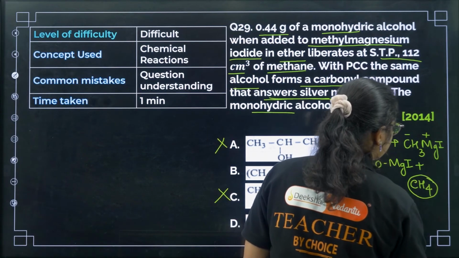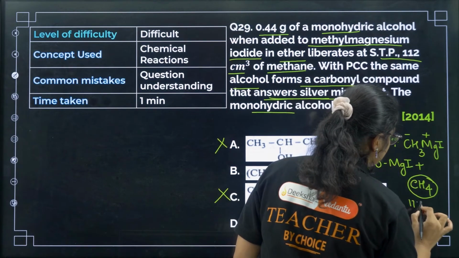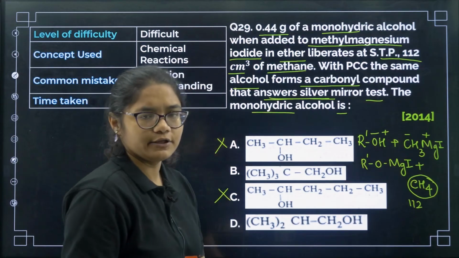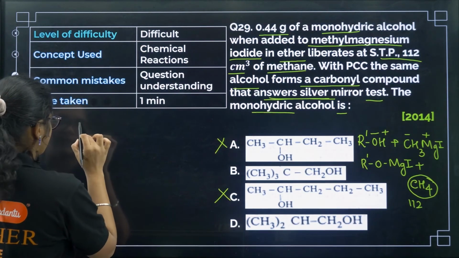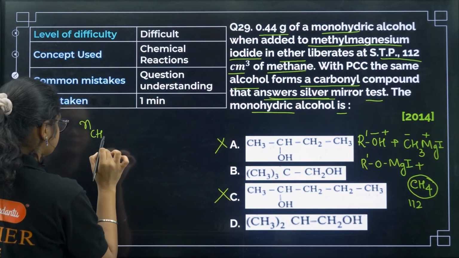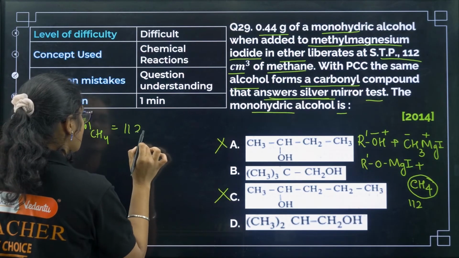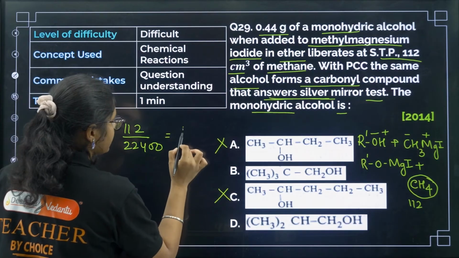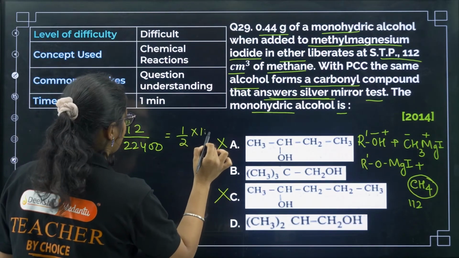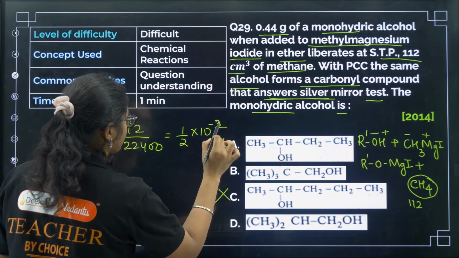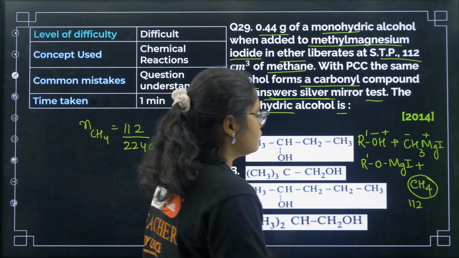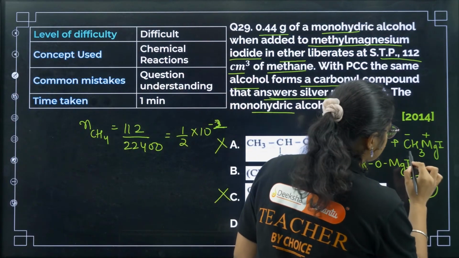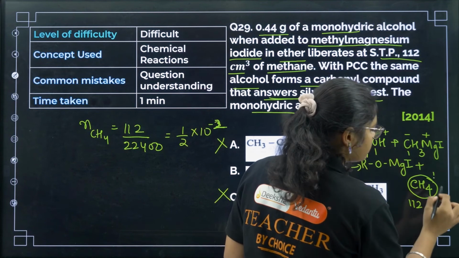Now this methane volume is given to you as 112 centimeter cube, okay. Now if I want to find the number of moles of methane, it is given volume by molar volume, so how much will I get? 1 by 2 into 10 to the power of minus 2, okay. Now you see that 1 mole of this one is reacting with 1 mole of this one to give 1 mole of this one.